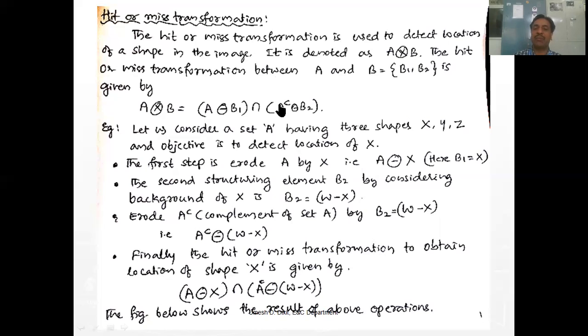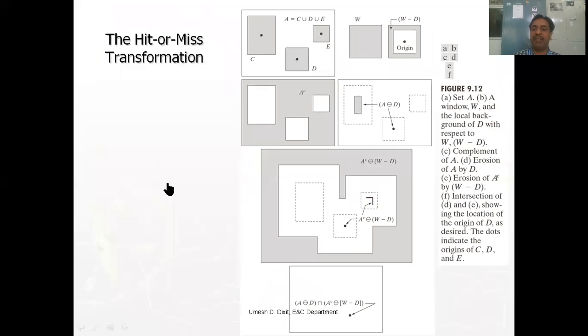Next we carry out the erosion operation between the complement of A and B2, where B2 is the background of the object B1. Then we take the intersection between these two operations to get the location of the object B1.